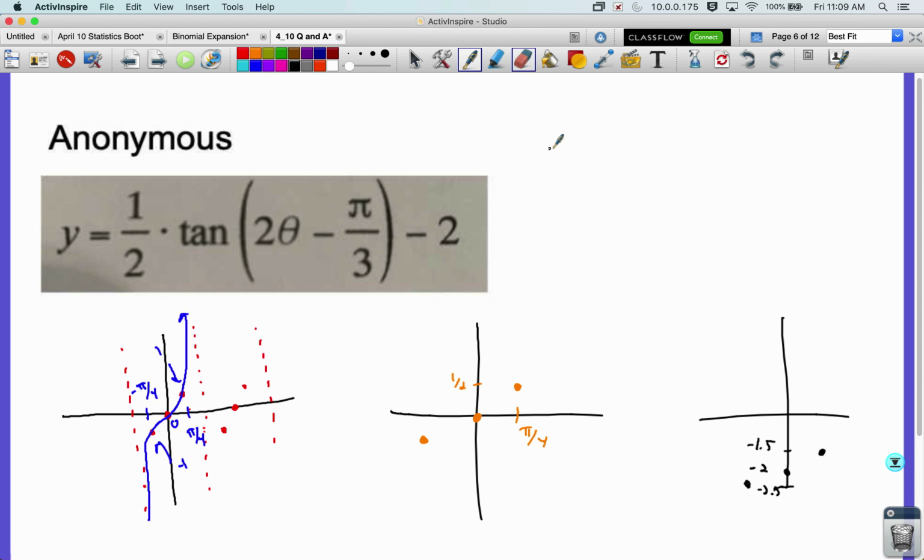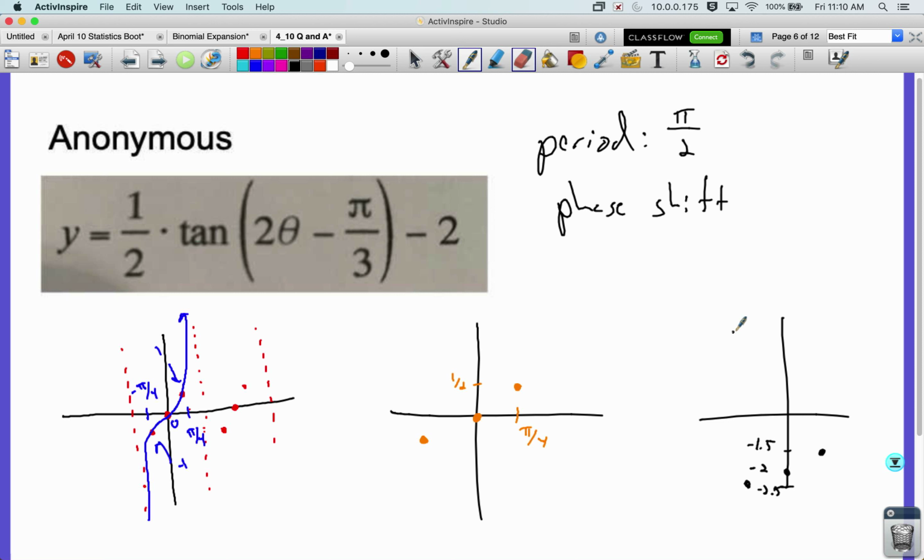Okay, now let's figure out the period and phase shift. We've got to do a little calculation for this. So the period for sine and cosine was 2 pi, but for tangent, it's just every pi. It doesn't go up and then down, it's just always going up, so it's half the period. So we're going to do pi over 2 as our new period.